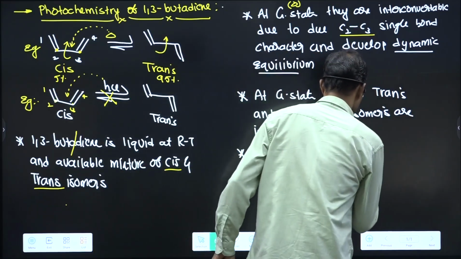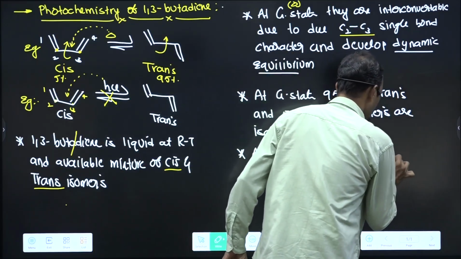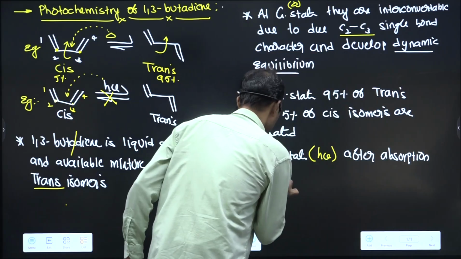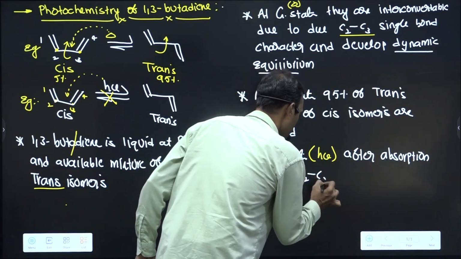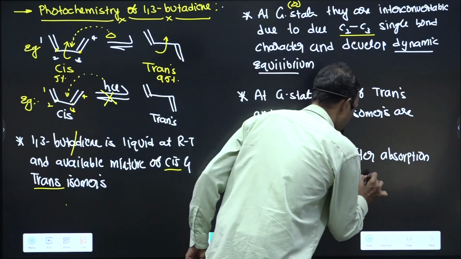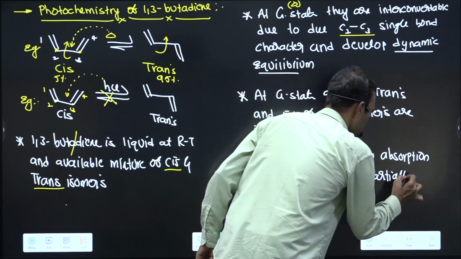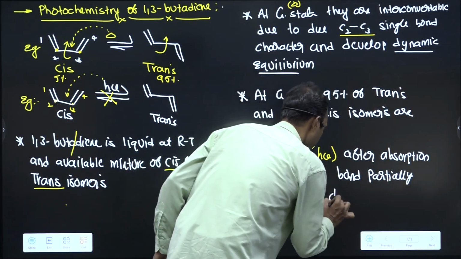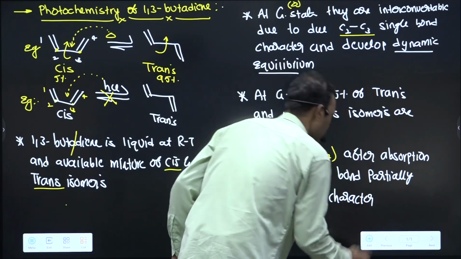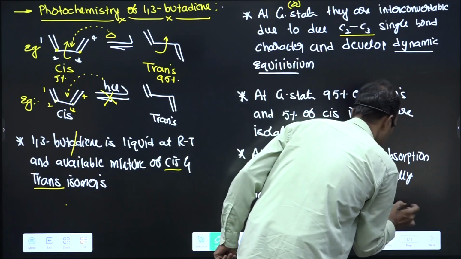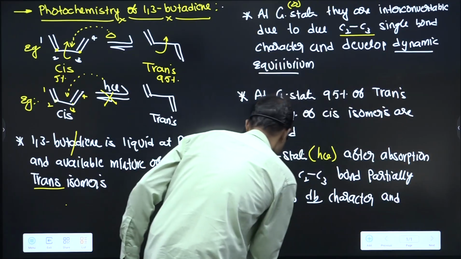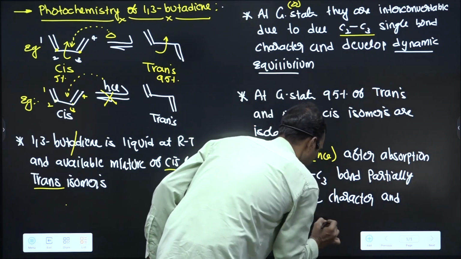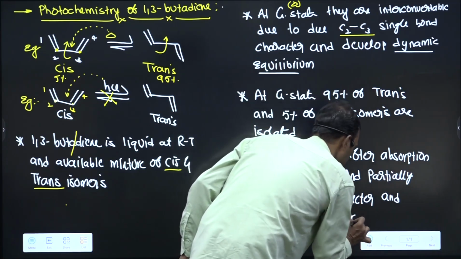Excited state, after absorption of light, the C2C3 bond partially develops double bond character, and interconversion does not exist.